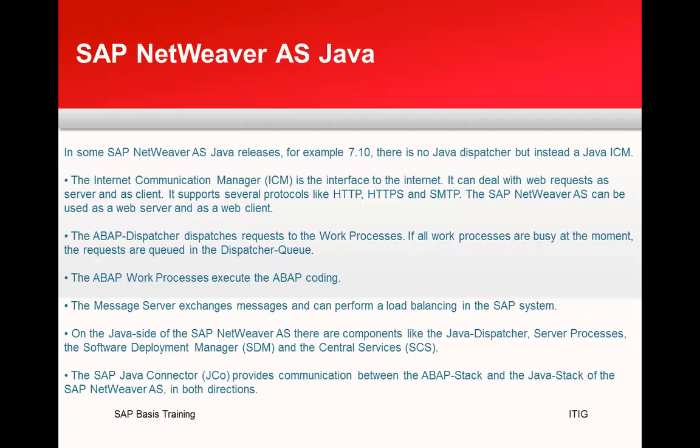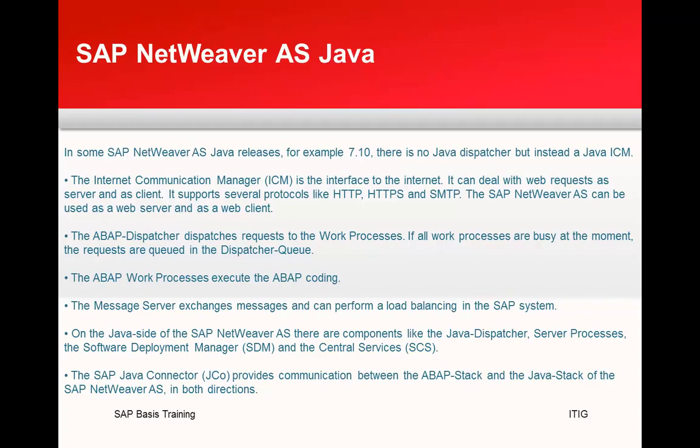The ABAP dispatcher dispatches requests to the work process. If all work processes are busy at the moment, the requests are queued in the dispatcher queue. The ABAP work processes execute the ABAP code. The message server exchanges messages and can perform load balancing in the system.